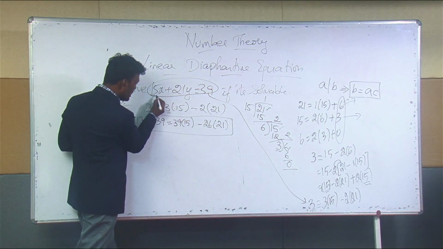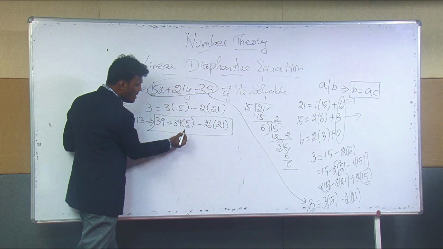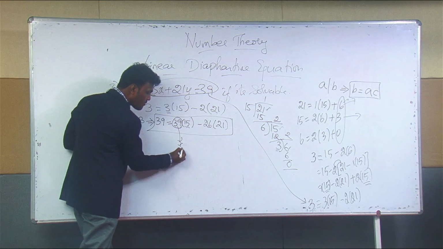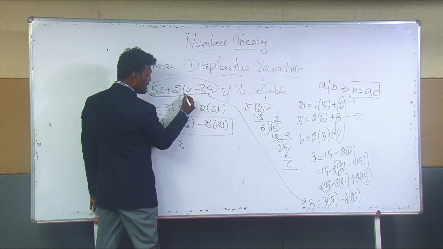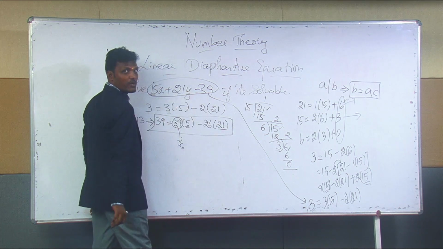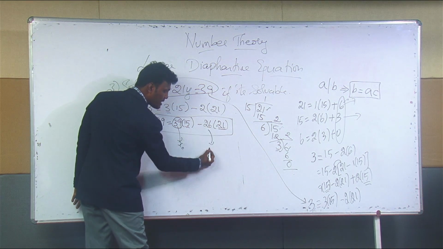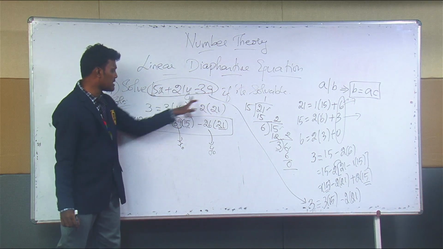See, 15, 15, and near the 15 is x. So you can take this value as the x naught value. So this is one of the trial solutions. Okay, and see y. So 21. So 21 is inside, and before the value of 21 is y. So you can take this value minus 26 as the y naught value, and it equals 39.